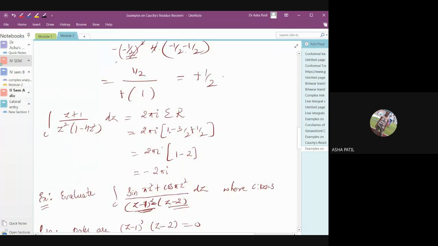So then it becomes minus 3 by 2 plus 1 by 2, which is minus 2 by 2. So it becomes 0. Good. Thank you. The slight mistake will vary your answer a lot. See that you'll do it correctly.